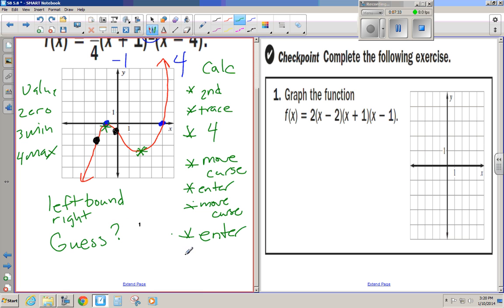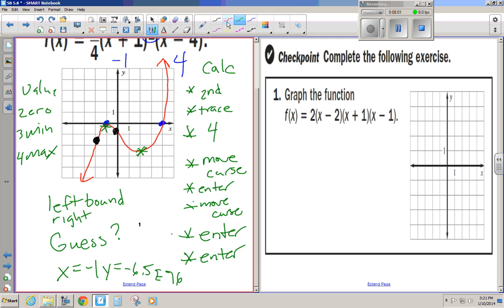When you hit enter again, it's going to tell you an X value and a Y value. Now your Y value may be kind of screwy. Your Y value may look like -6.5, but then it has this E -16. That means this number right here is scientific notation.